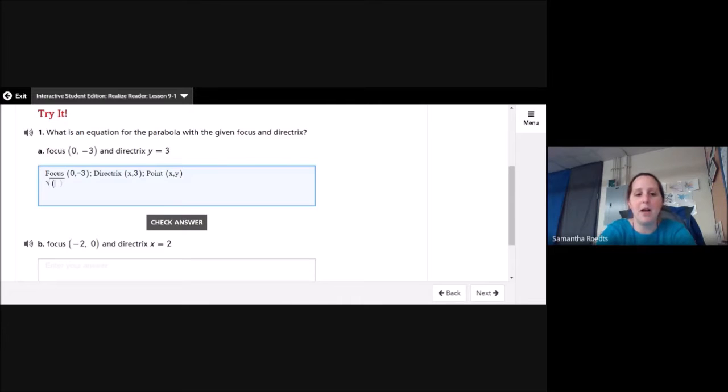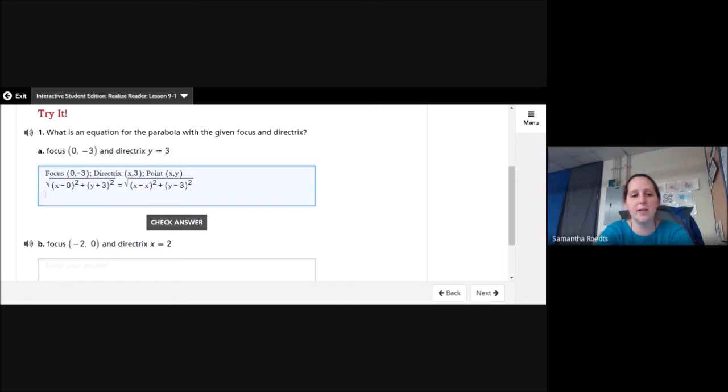I'm going to take my point and the focus, and set that equal to my point and the directrix. So I take x minus 0 squared, plus y minus negative 3, which becomes plus 3, squared. That equals the square root of (x minus x) squared, plus my y value minus the y value for my directrix, which is minus 3, squared.